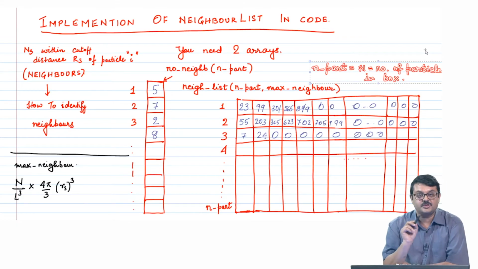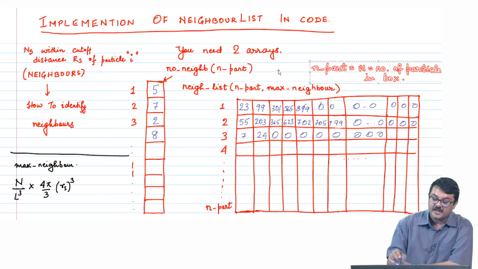But in the code you should have a bigger name like n part, number of particles. If you write n, n is often used as a dummy index in do loops, so that is not a good name. That is why in the code you could write n part, and that is equal to n, the number of particles in the box.